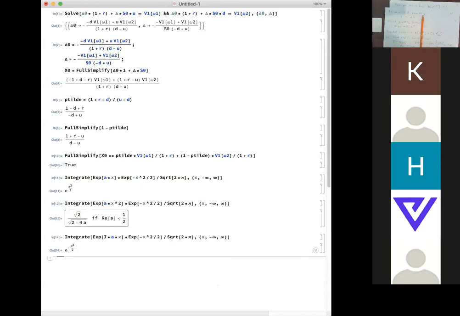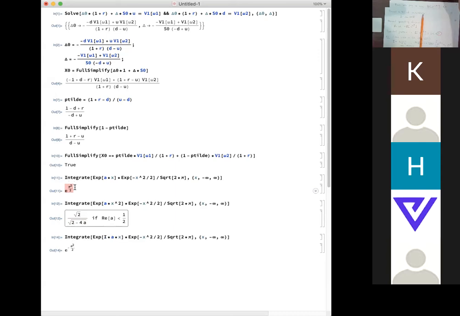If I calculate the characteristic function instead of the moment generating function for the standard normal, what happens is that you get a minus sign. So instead of the exponential of a squared divided by 2, you're going to get the exponential of minus a squared divided by 2.